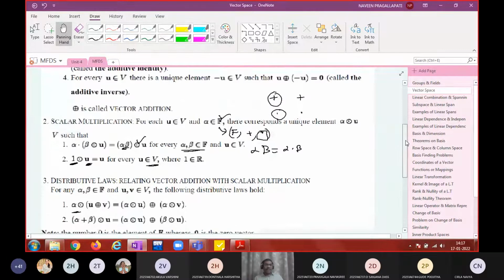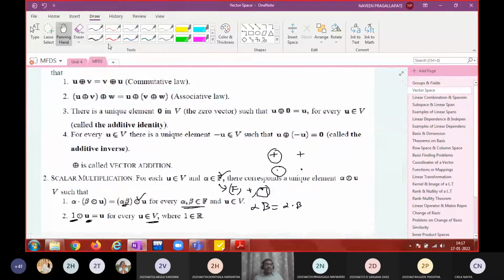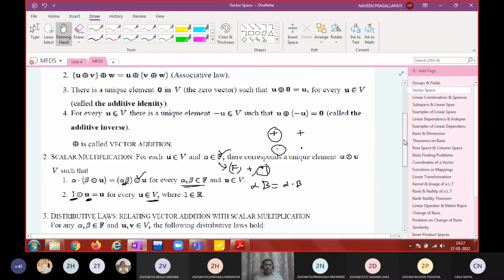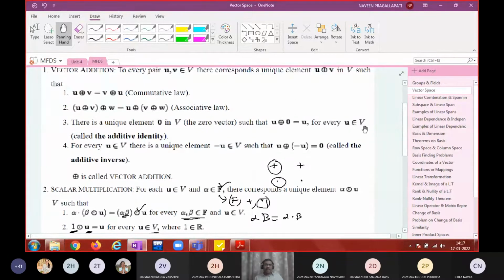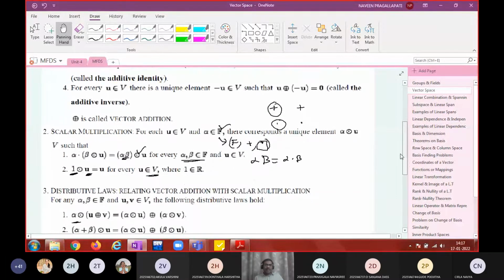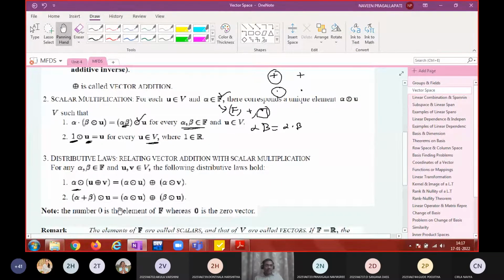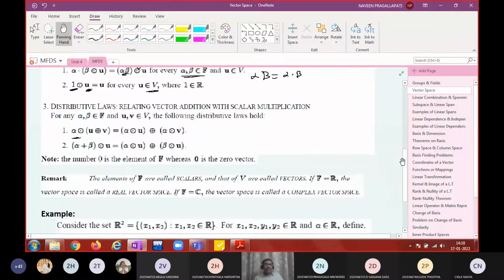In the vector space V, there is an identity, which is a null vector. This is the identity vector in the vector space V, and this is the zero element, which is an element of field F.